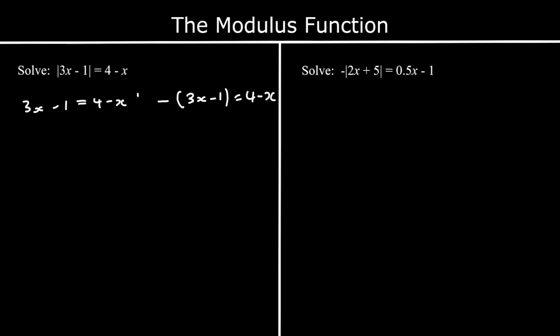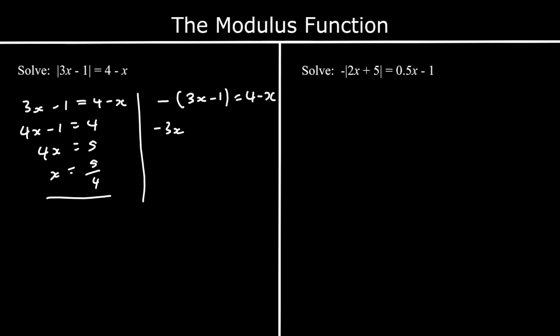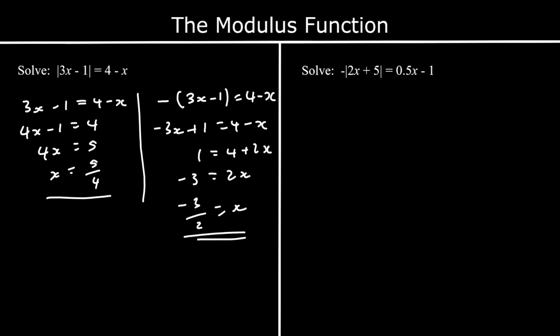So for the first one, plus x to both sides, plus 1 to both sides, and divide by 4. So we get 5 over 4. And for the other one, expand the brackets, plus 3x to both sides, take away 4, and halve them. So then we'll just check they work.